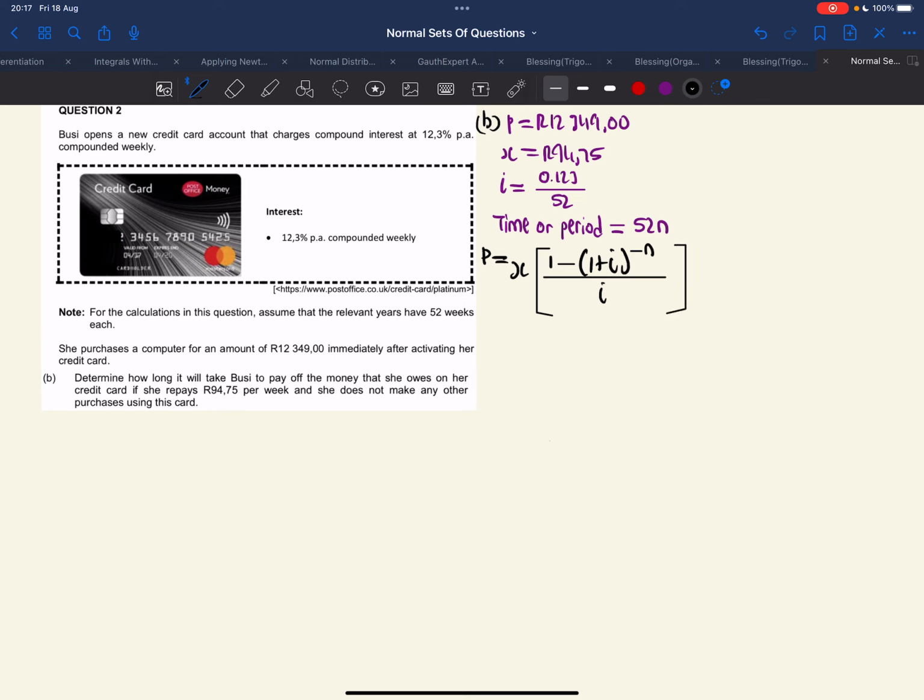Remember, we have P being 12,349 equals X being 94.75, then a bracket: 1 minus 1 plus 0.123 over 52, close bracket, to the power of minus 52n, all over 0.123 over 52, and then we close that bracket.